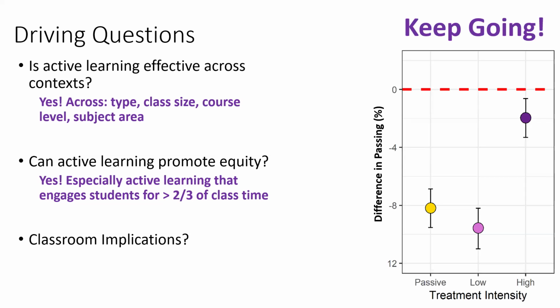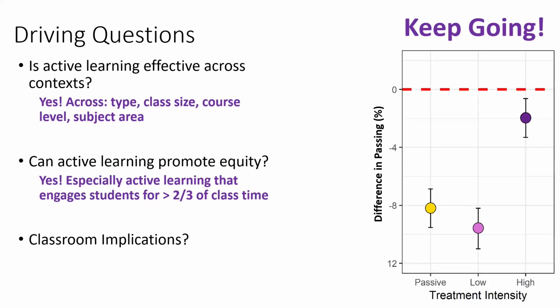What I want to say is that as instructors, we need to keep going. It's almost impossible to transform a class from totally passive learning to totally active learning in one instantiation. I've seen it happen almost once, and I highly recommend not attempting that.